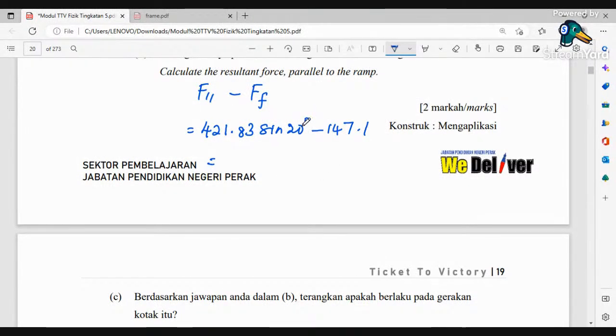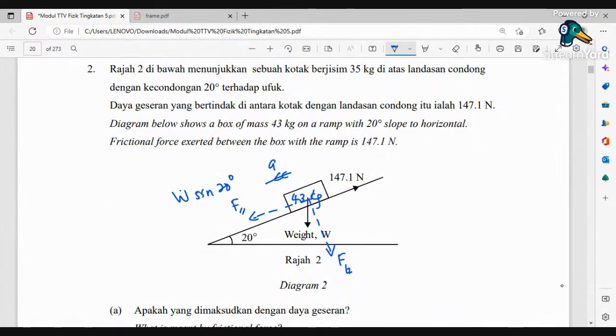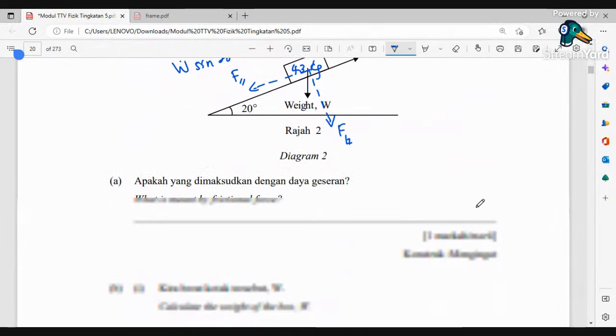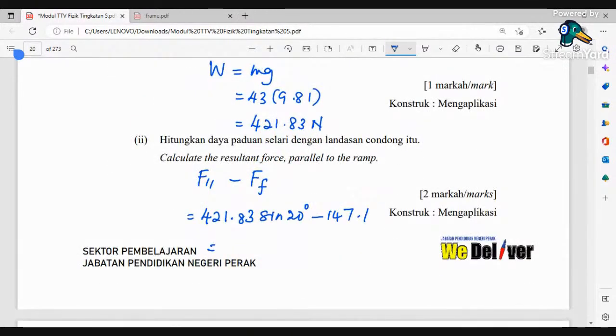There's a mistake, because in this question they use g equals 10. But g is 9.81, so it cannot be.